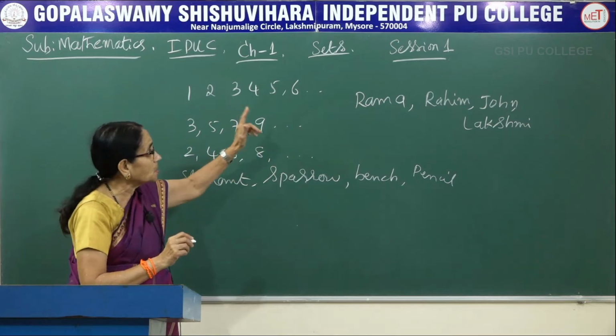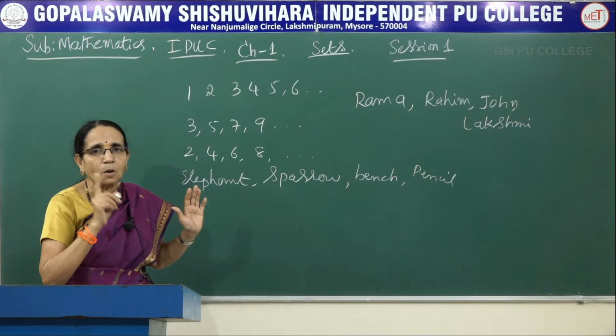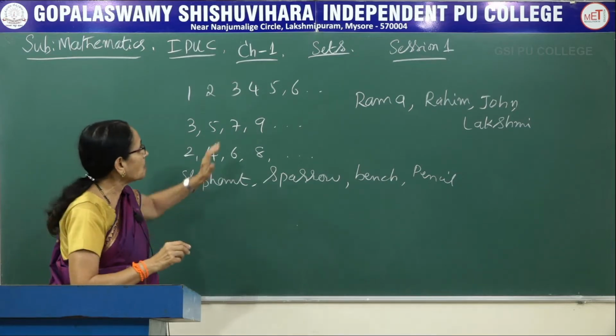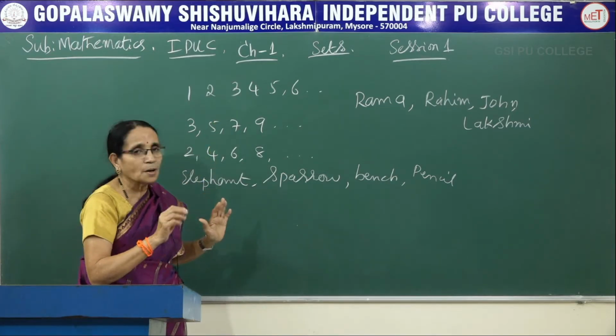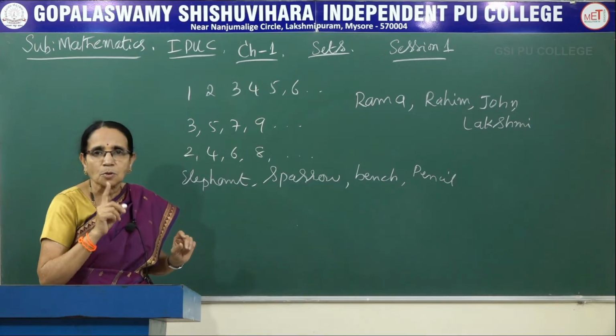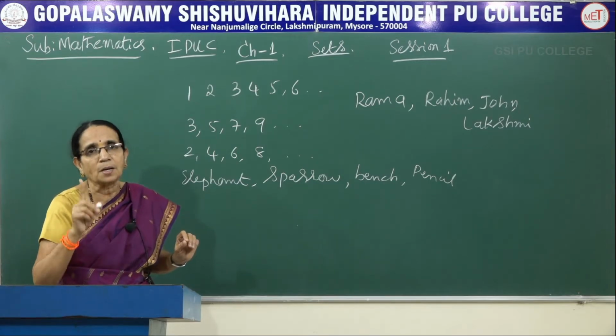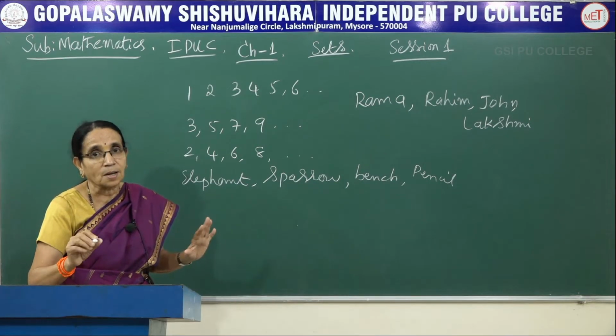See, this particular topic is important. You have to understand every concept clearly. Now, if they ask you to define a set, for a 1 mark question, you have to write like this: a set is a collection of well-defined objects. That is the sentence you have to use.